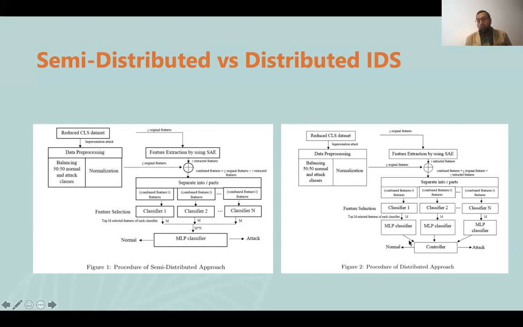Each one just sends its decision to the controller. The controller handles the decisions and lets the network know whether any suspicious activity is happening or not.